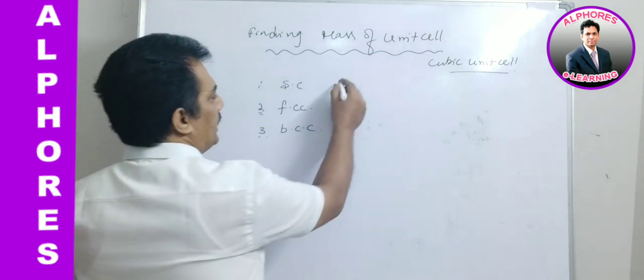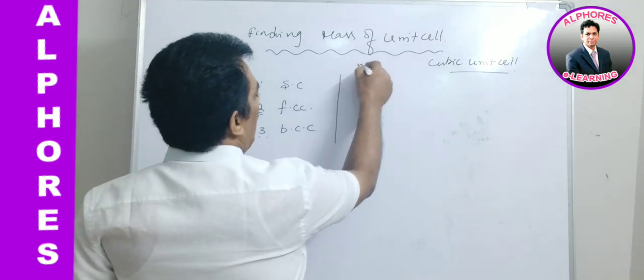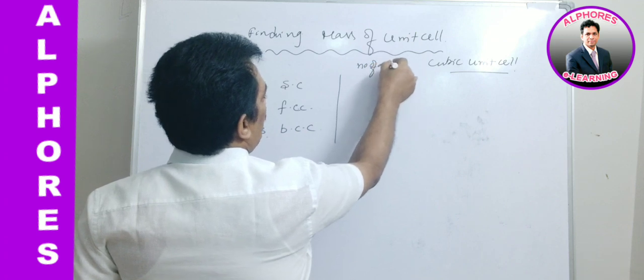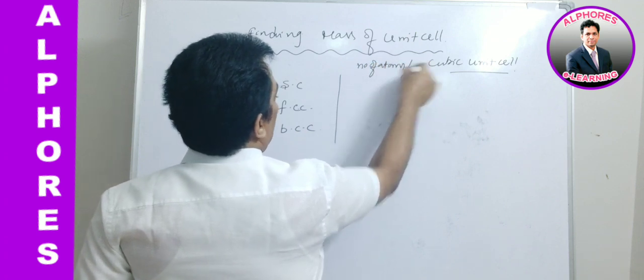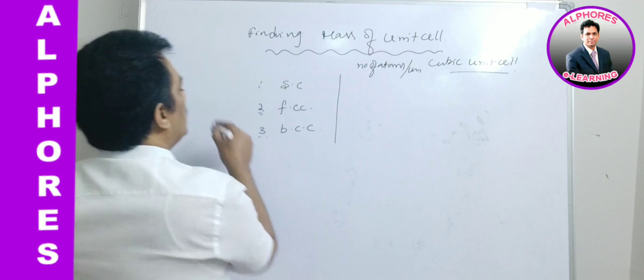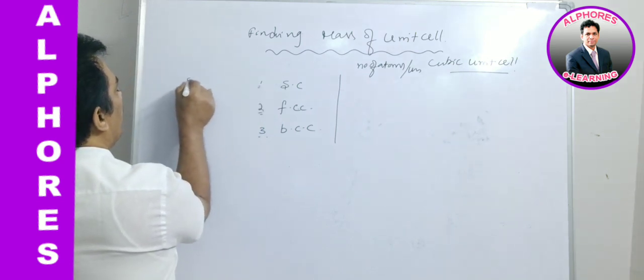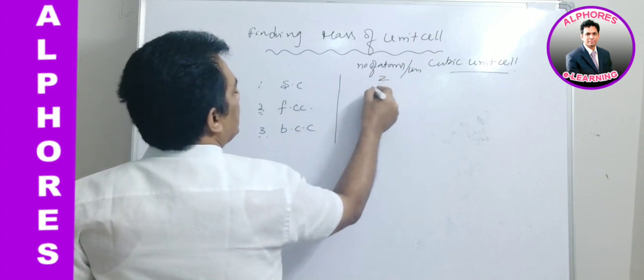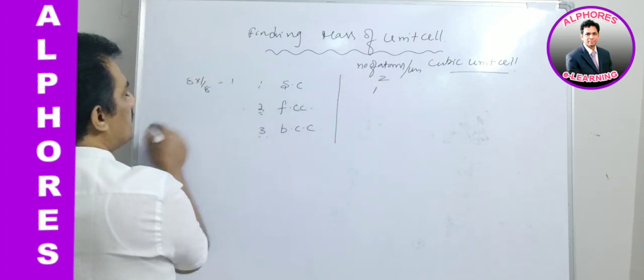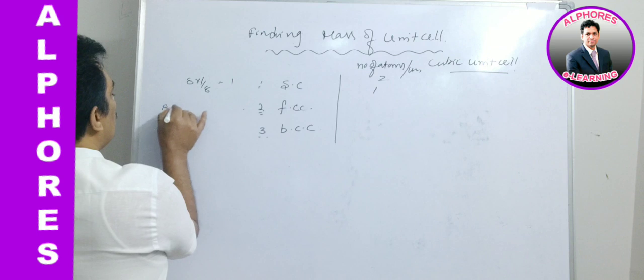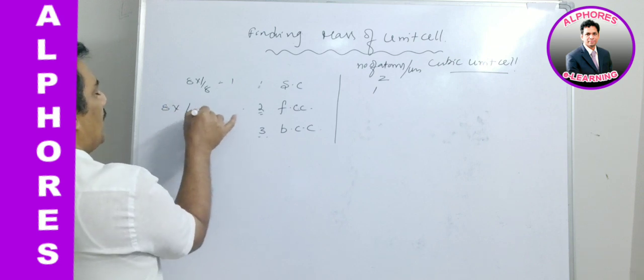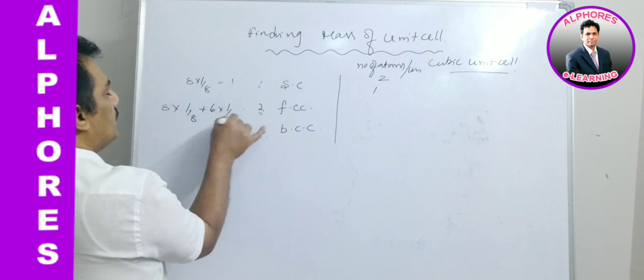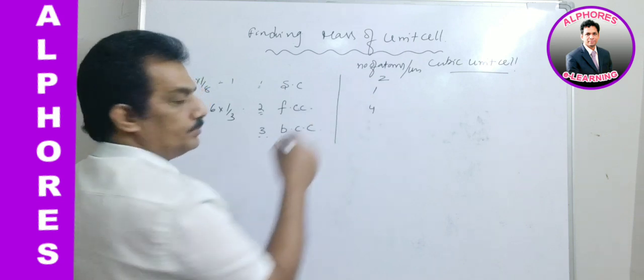Again, first let us consider the number of atoms per unit cell. How to measure for simple cube? It is 8 into 1 by 8, that is 1. Here Z is 1. In face centered it is 8 into 1 by 8 plus 6 into 1 by 2, totally it is 4.